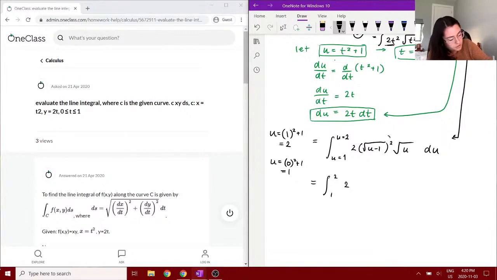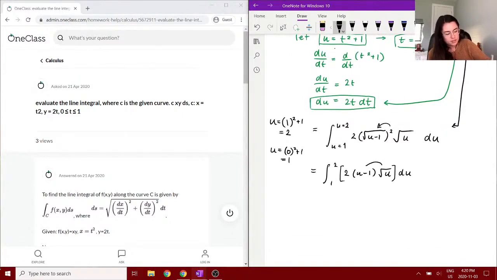So the square of the square root will just be u minus 1. We also have the square root of u by du. I'm just going to keep this in the brackets to keep it separate. Okay, and let's distribute this into the brackets. At the same time, I'm going to take out this 2 since it doesn't need to be integrated. So we have 2 times the integral from 1 to 2.